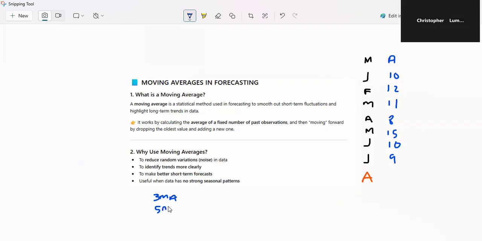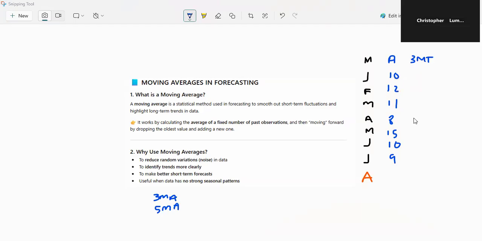So for the 3 moving averages, what we do, we first find the moving totals. So the 3 moving totals, you count the 3 numbers here, 1, 2, 3.